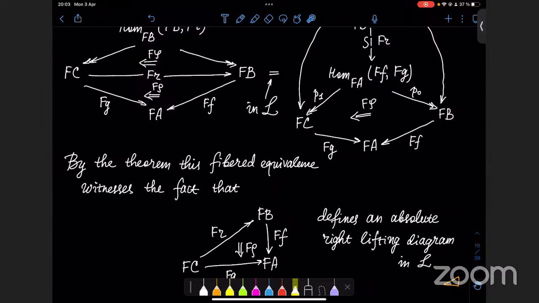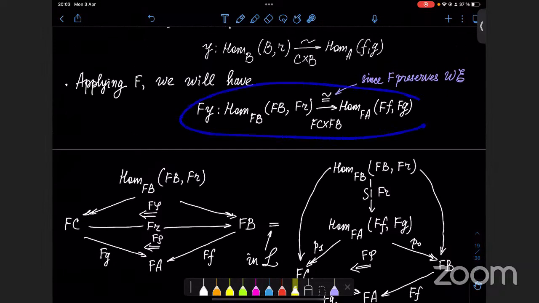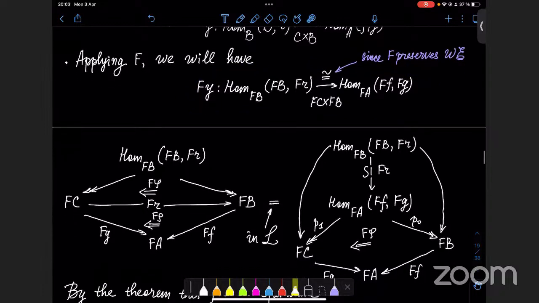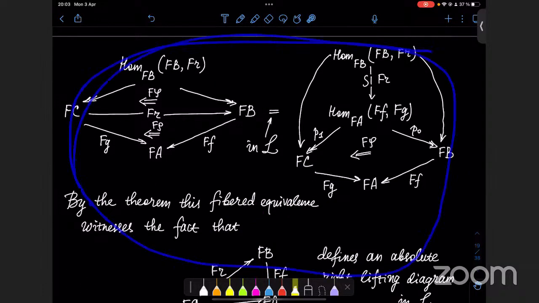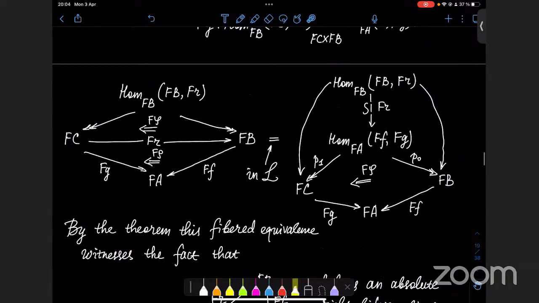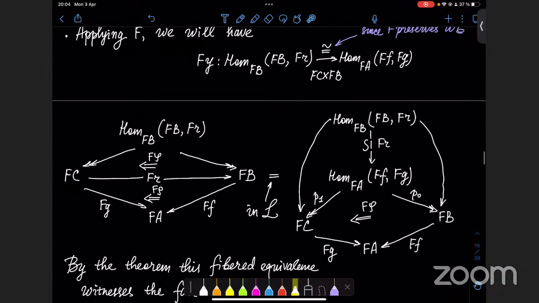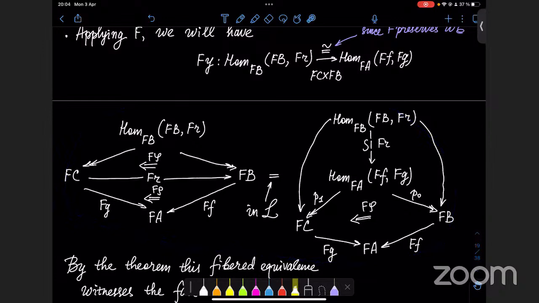Yeah. So we have the following isomorphism, and in this case, this is obvious, and it is explained in more detail here.